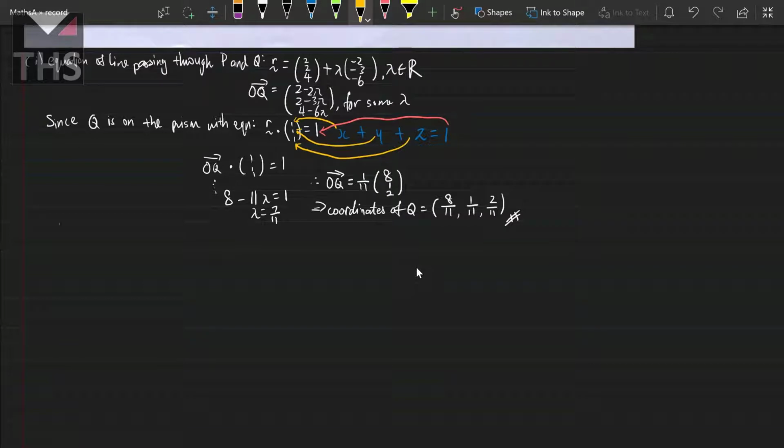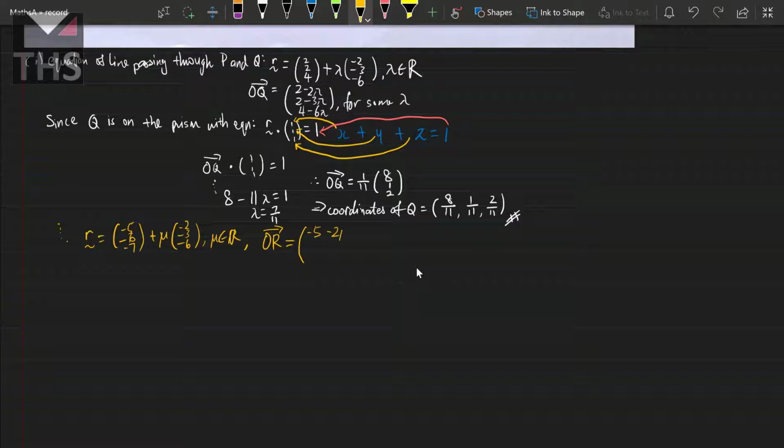For you guys, just continue writing the words, and then you should end up with r equals -5, -6, -7, the known coordinates of S, plus this mu times the direction vector, where mu is a real number. And OR we know lies on this line. So we're going to get this one, for some real mu.